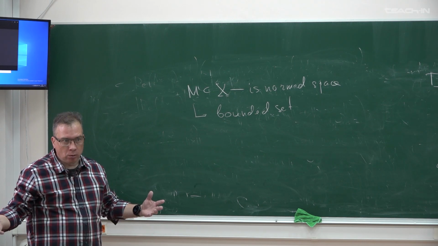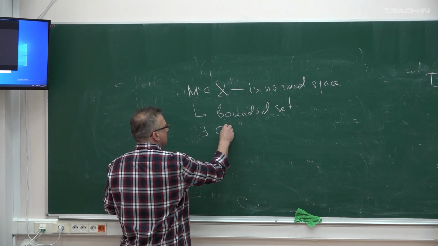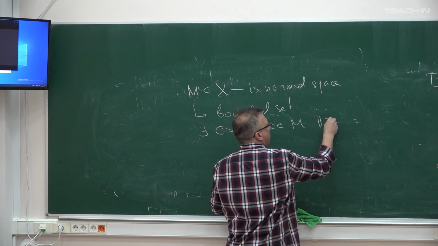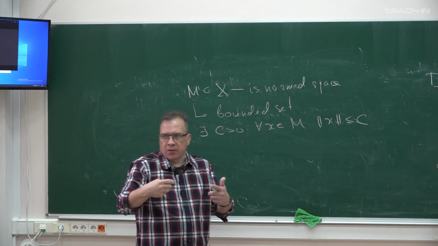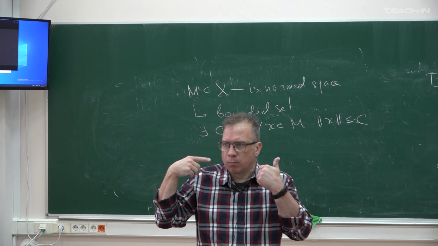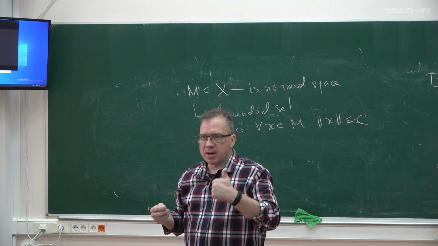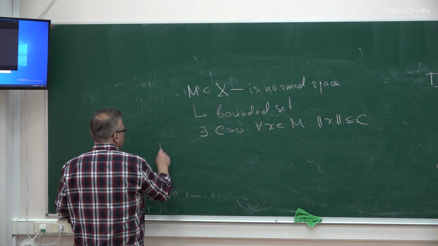It lies in some ball, or there exists some positive constant C such that for any x from M, the norm of x is less than C. It's just the same: this set lies in a ball with radius C. Now, how can you define a weakly bounded set?